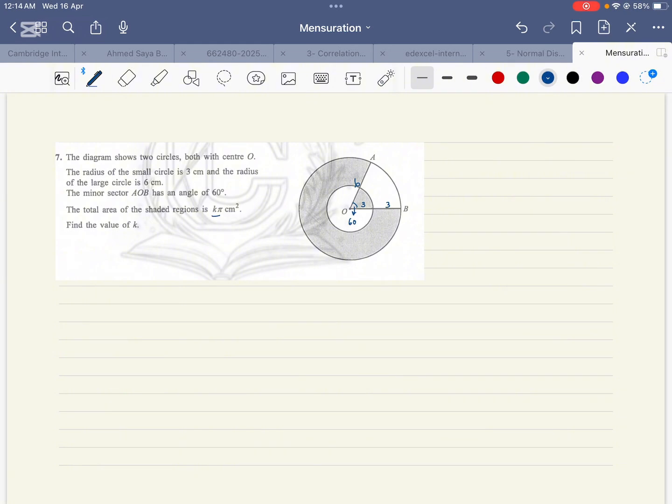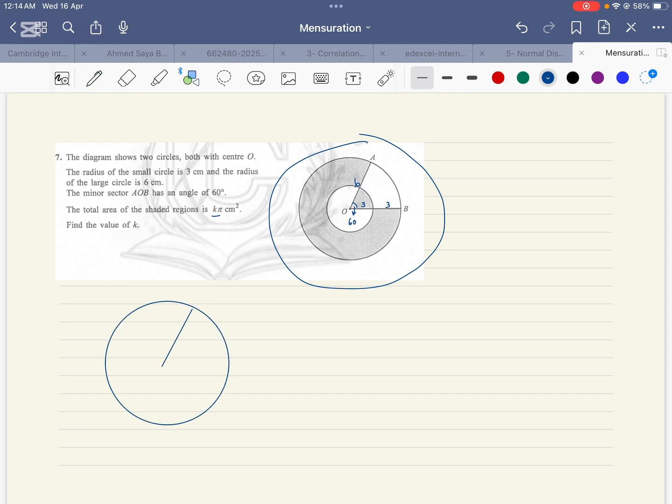So first let's visualize this. Okay, so the shaded region is the entire circle, the big one. We want to find out the shaded region, right? So first, let's separate out the circles.